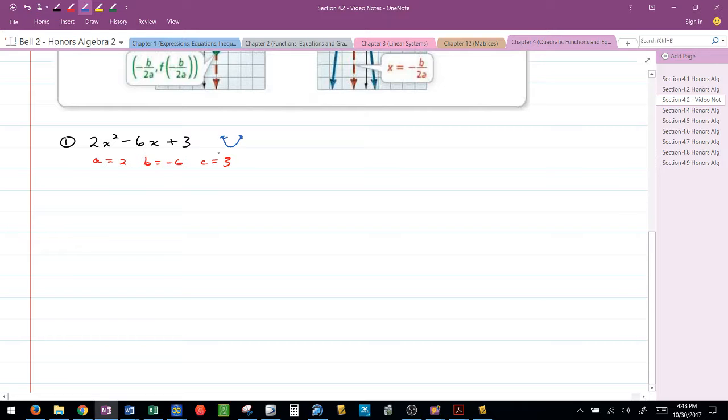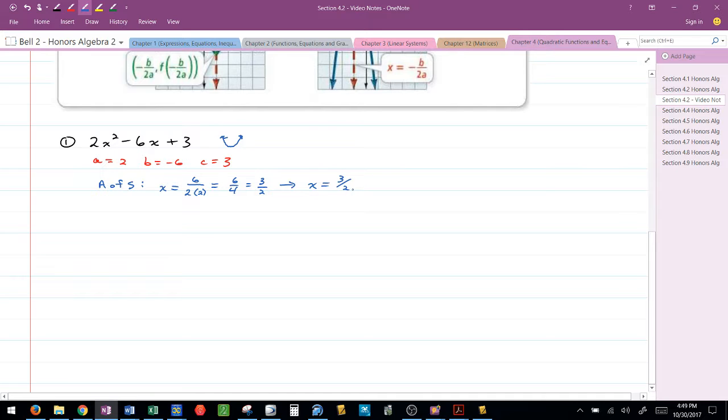The key for this, I have to first find the axis of symmetry, the A of S. To find the axis of symmetry, I use the formula x is equal to the opposite of b over 2 times a, which gives me 6/4, and I would reduce that to 3/2. So I know for sure that the axis of symmetry is this vertical line at x equals 3/2.